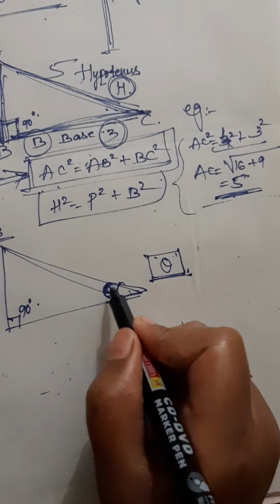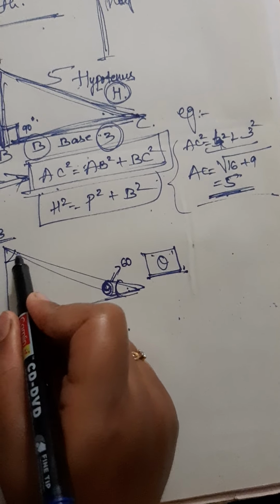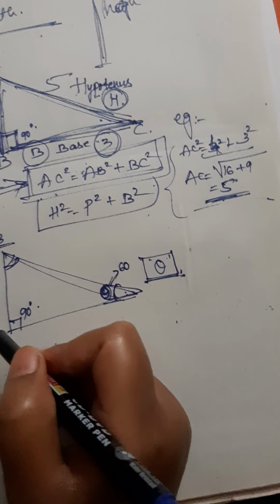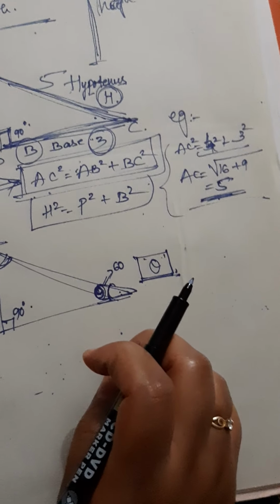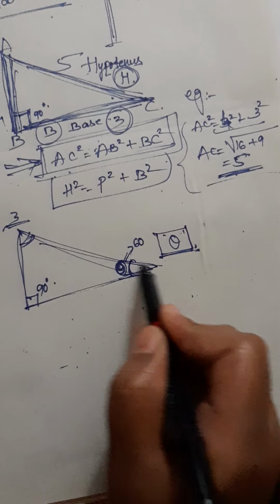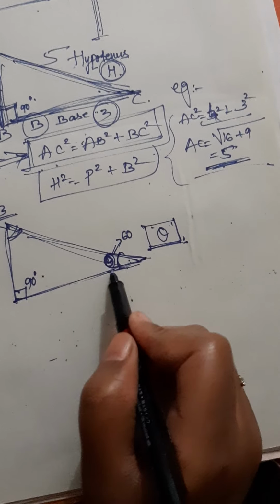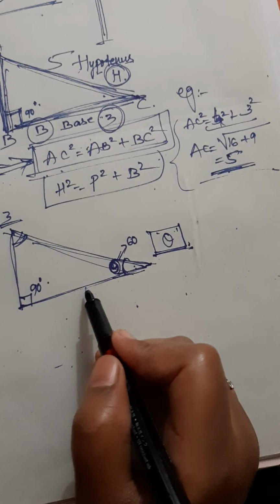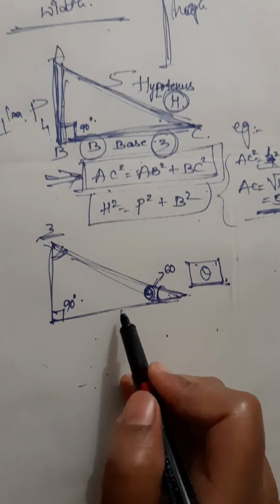If they have given this theta as 60 degrees, then we can also find the other angle easily. So in trigonometry also, we are dealing with this right angle triangle, which you are very familiar with. Even in trigonometry we must and should use this right angle triangle only.